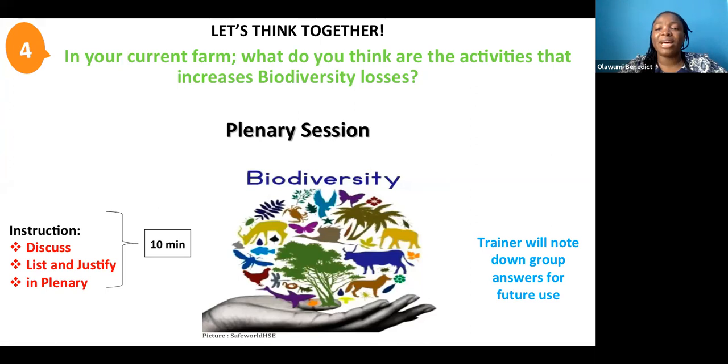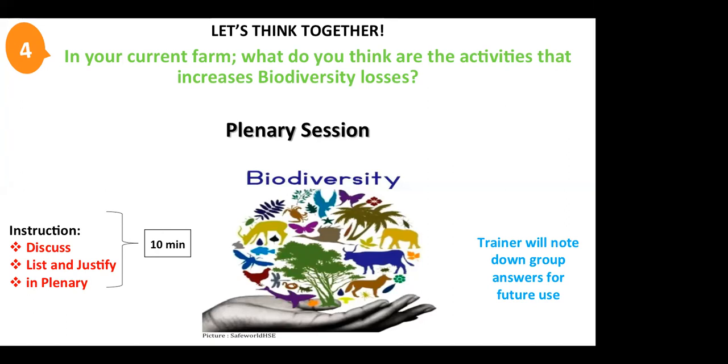So I'm saying, Mr. Daniel, is there any practice that increases biodiversity loss on your farm? Yeah, I would say the farm where I'm based, we are doing the production of fresh vegetables. So one of our activities is pest control. There are products that we apply that have some impact on the biodiversity, because sometimes you are not able to achieve what is expected.